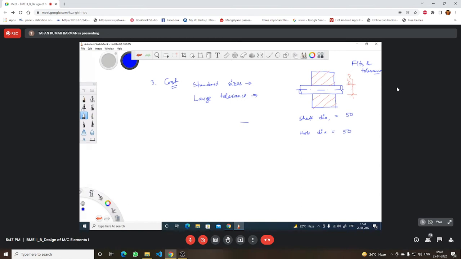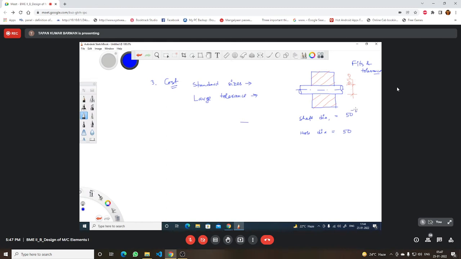There you have to put the tolerance also. Tolerance means what should be the accepted range of your dimensions. It is not possible to make exact 50 millimeter. It may be 50.005, 50.006. So what is the accepted range of dimensions? So always here we put some tolerance.